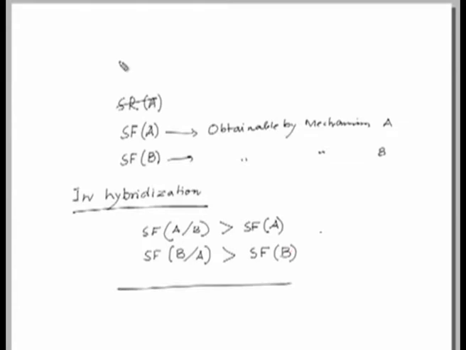If this is true, then the hybridization is said to be fruitful. This is in line with the effect of hybridization as far as material removal and the obtainable surface finish are concerned.